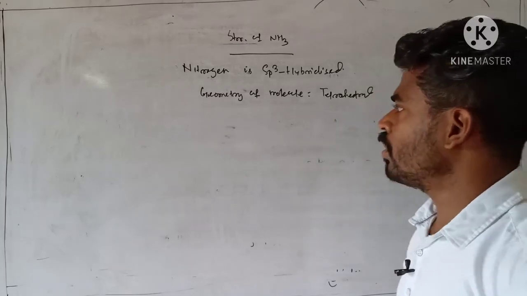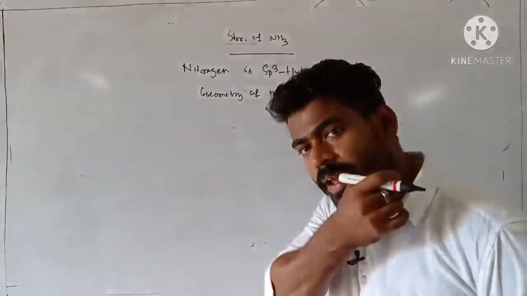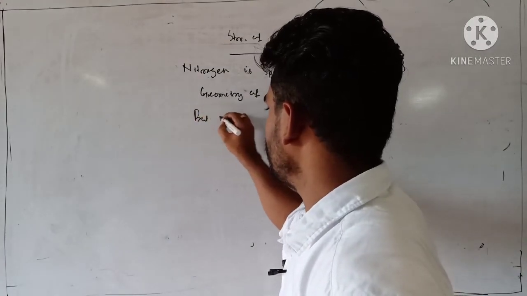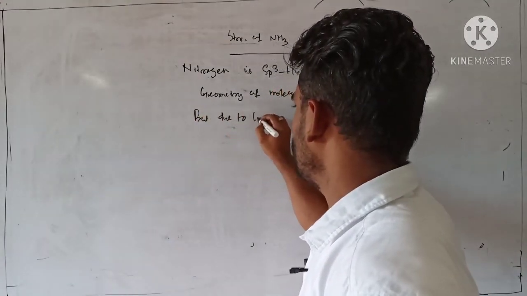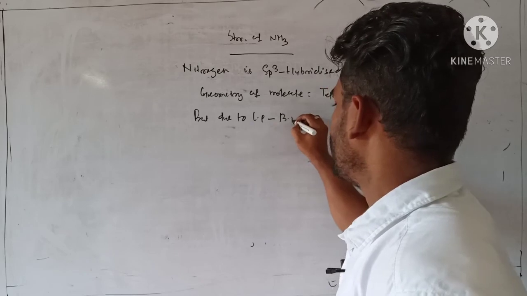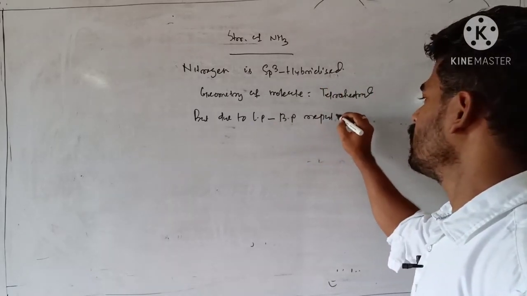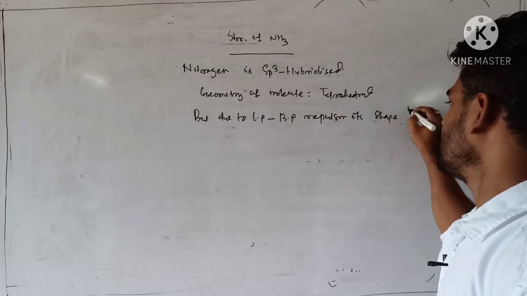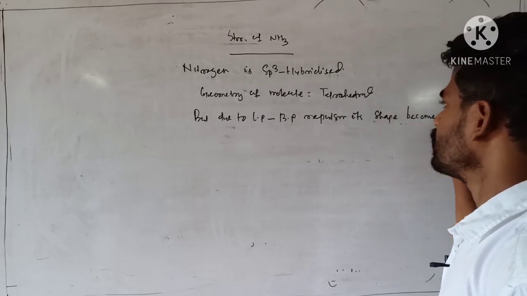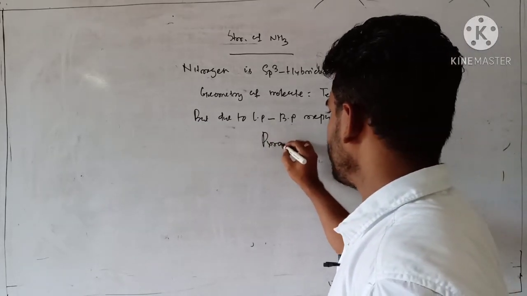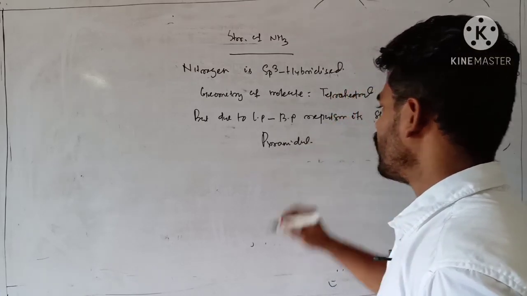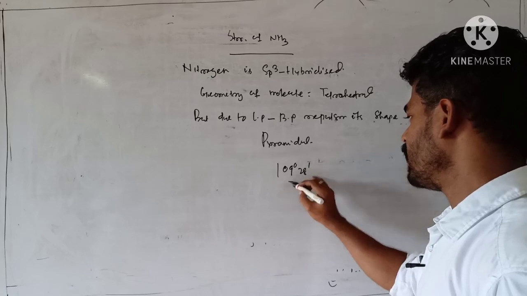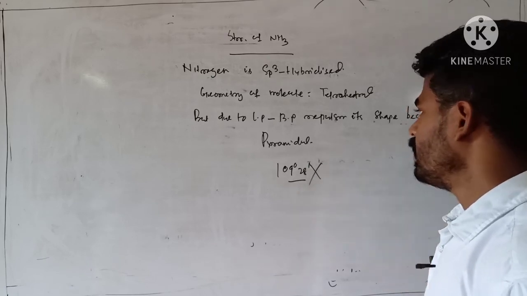But as I have told you, since there is a lone pair of electrons on the nitrogen atom, due to lone pair-bond pair repulsion its shape becomes pyramidal. The normal bond angle should be 109 degrees 28 minutes, but this is not the case.